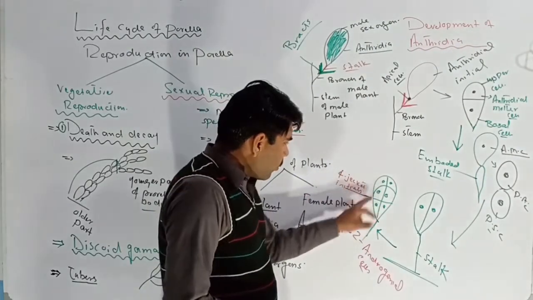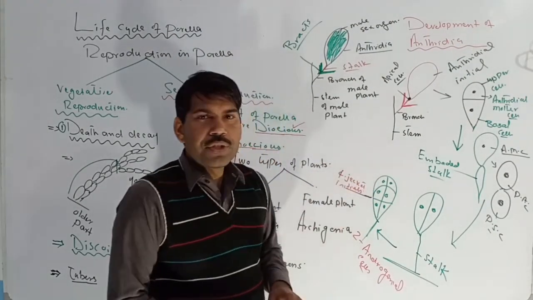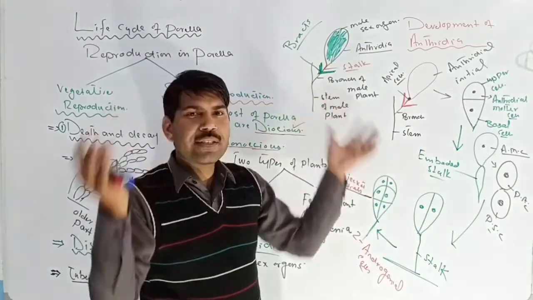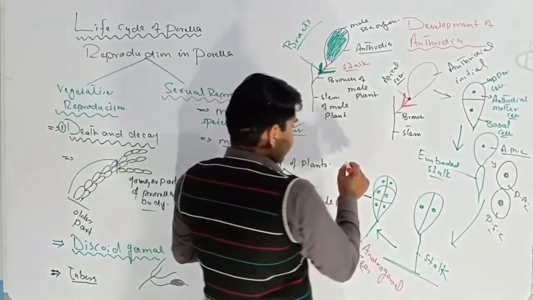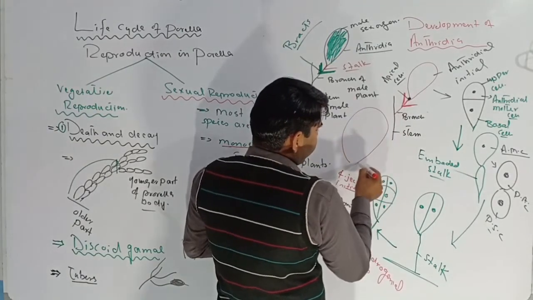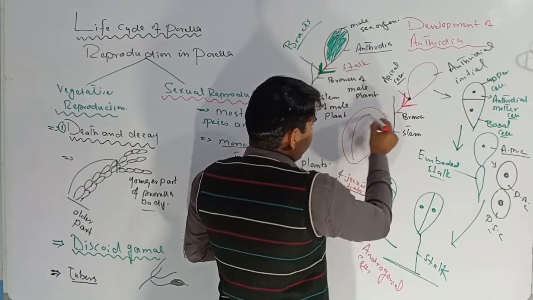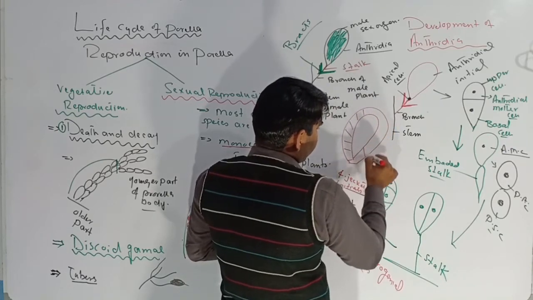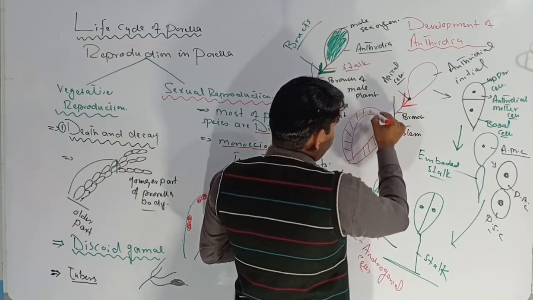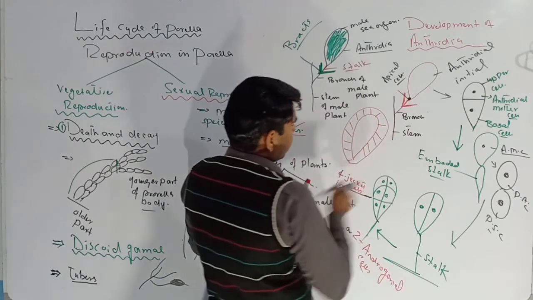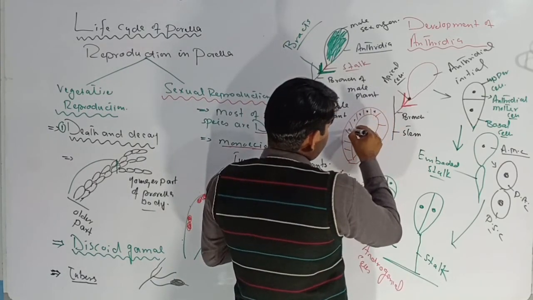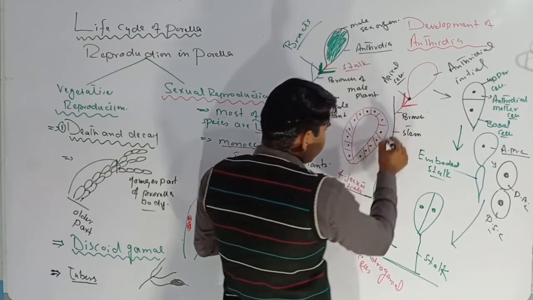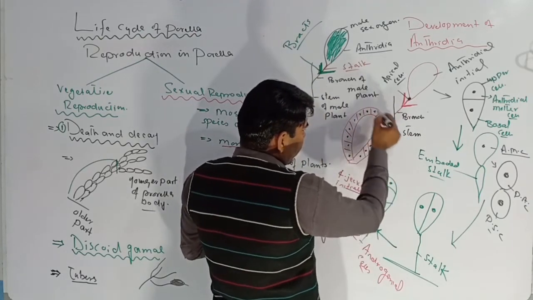These four jacket initial cells will actually make the wall of the antheridium. So, for example, this one is the wall of the antheridium.